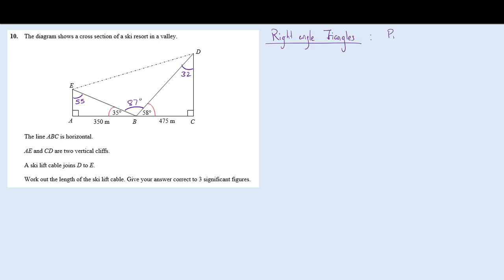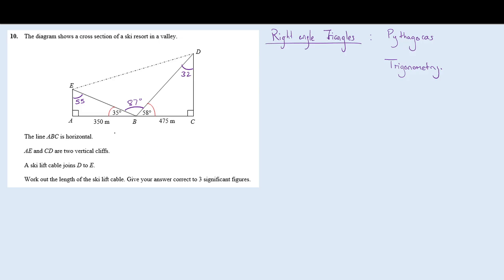One of them is Pythagoras and the other is trigonometry. Now, for Pythagoras, I would need to know two sides. I don't. I only know the side along the bottom.